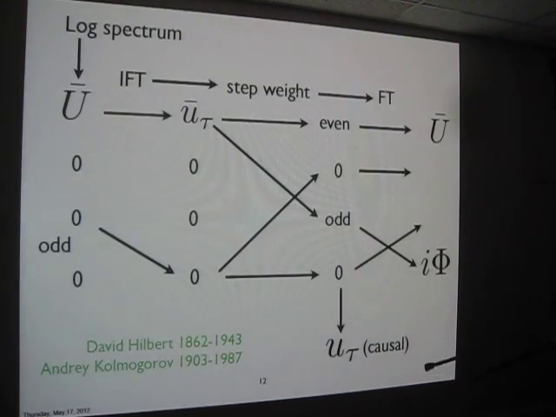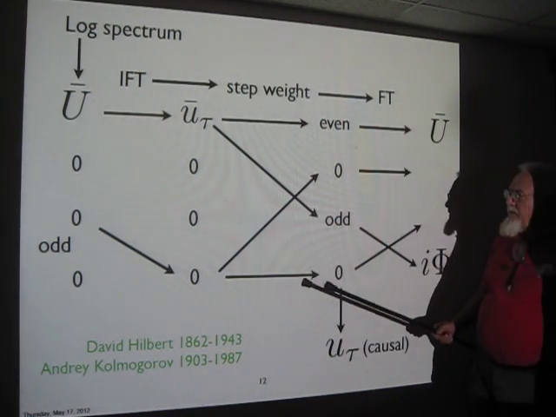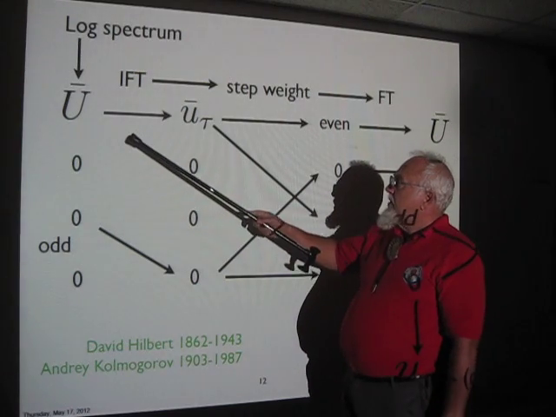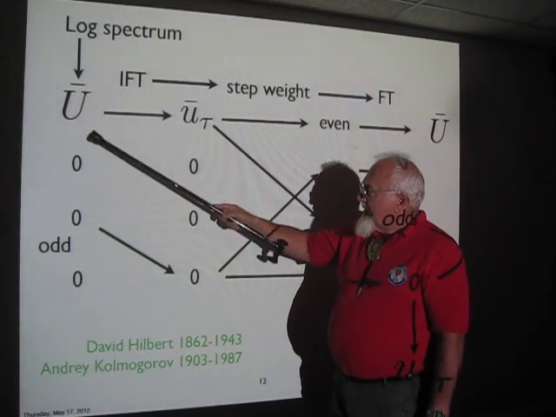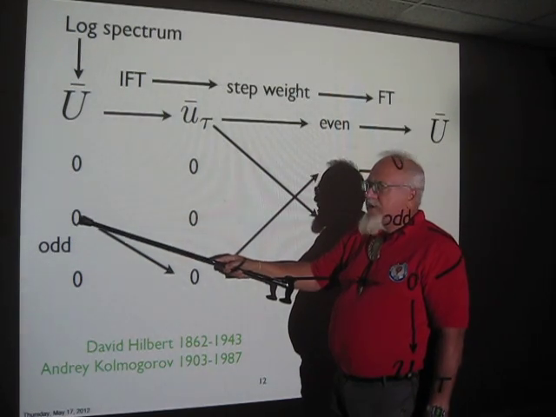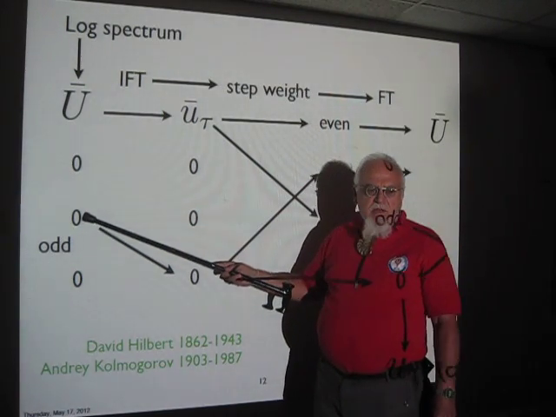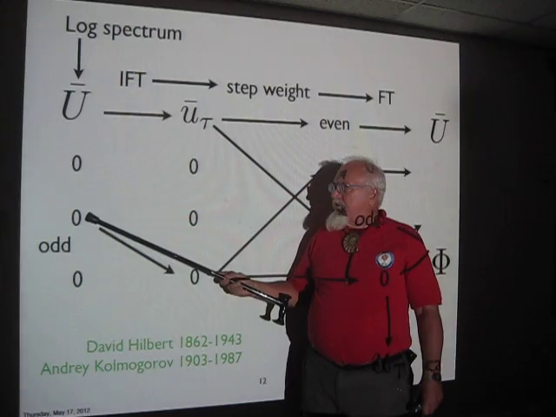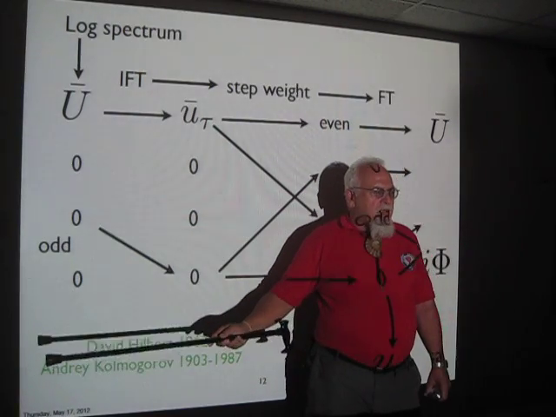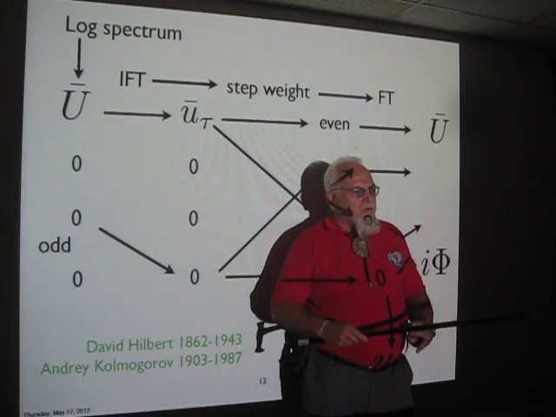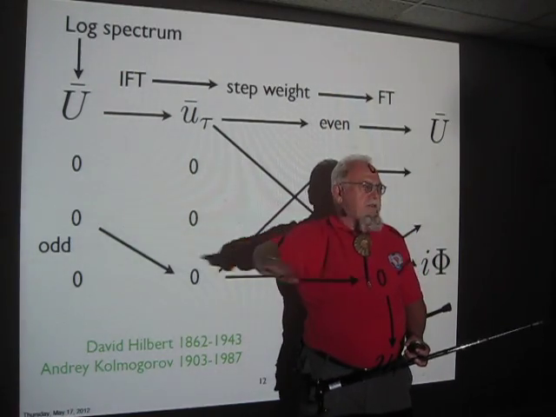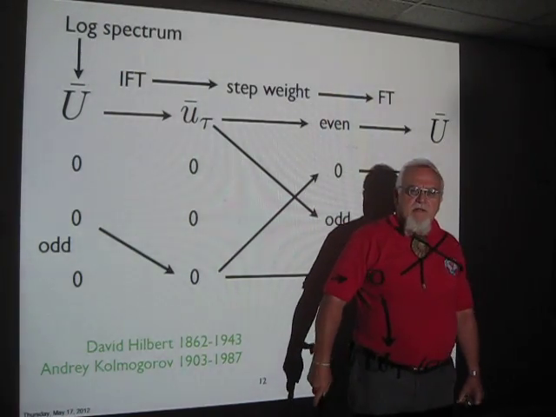Now, when Andrei Kolmogorov put this Hilbert transform idea to work, he did it a little bit differently. He put his log spectrum in here, U bar, and he's going to put in a 0 here, but you might put in something else. Sometimes you have complex valued traces. I don't have any complex valued traces today, but normally a signal is a real function of time, but if you Fourier transform the x-axis, then the signal becomes a complex function.